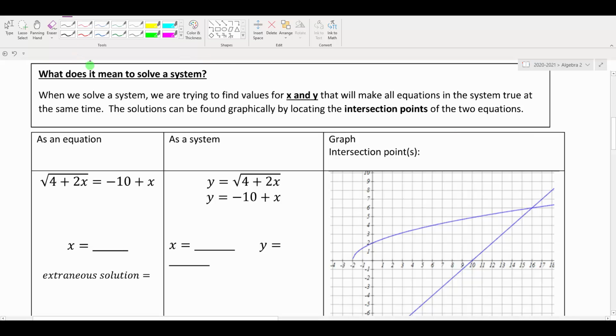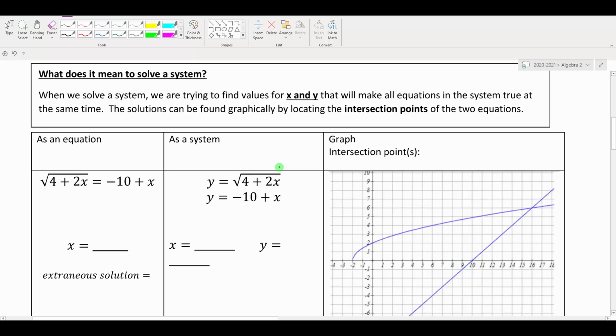Just as a reminder from yesterday's lesson, what does it mean to solve a system? When we solve a system, we're trying to find values for x and y. I bolded and underlined that because we need to find a value for x and y that makes all equations in the system true at the same time. If I look down here, this is a system, and you'll notice the x and the y in the system.